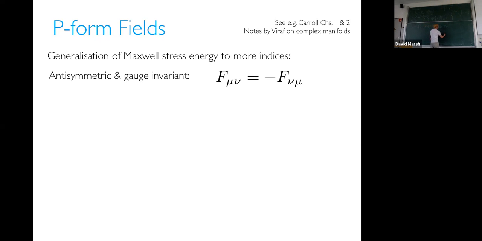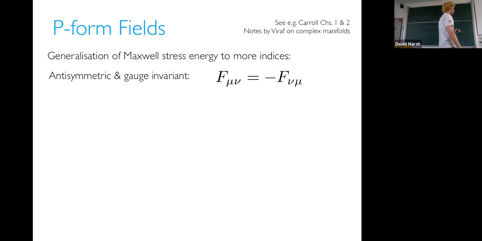So F mu nu is d mu A nu minus d nu A mu, which is obviously anti-symmetric under exchange of indices. And it's gauge invariant: it's invariant under the shift of A to A plus d mu lambda, because the partial derivatives commute, so this is automatically gauge invariant as well.